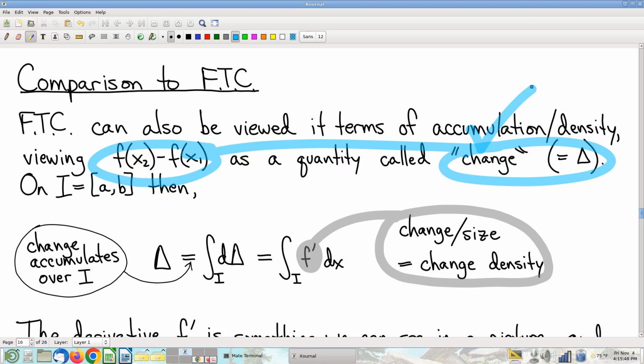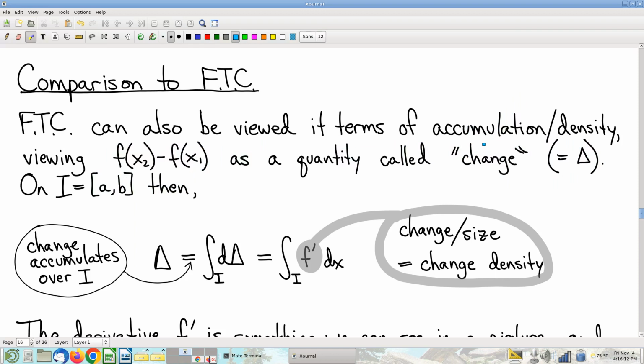If you look at how much the function changes from here to here, and then how much the function changes from there to there, the sum of those individual changes gives you the total change. Make sense? Okay. You might not have thought of it this way, but you can think of change as accumulating. You can think of change as being distributed throughout the interior. And the convenient thing is you can actually kind of see that happening.